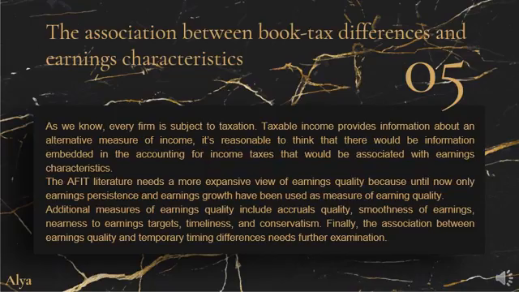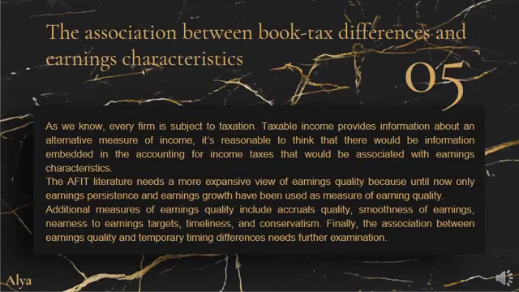As we know, every firm is subject to taxation. Taxable income provides information about an alternative measure of income. It's reasonable to think that there would be information embedded in the accounting for income taxes that would be associated with earnings characteristics.